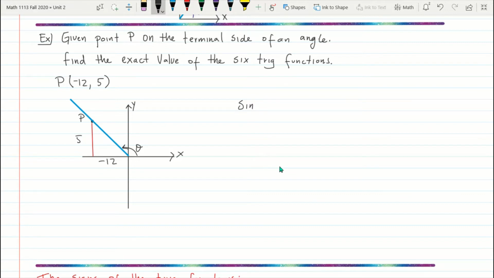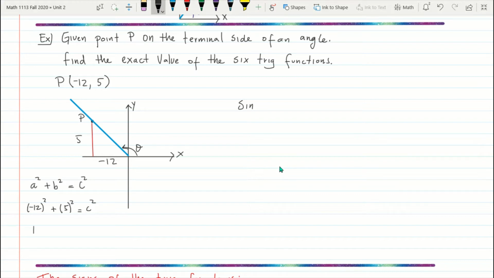I don't know the value of r or the hypotenuse, so what do I need to do? Well, we're going to use the Pythagorean theorem. So a squared plus b squared is equal to c squared. I have a and b, so I have -12 squared plus 5 squared, and that should give me c squared.